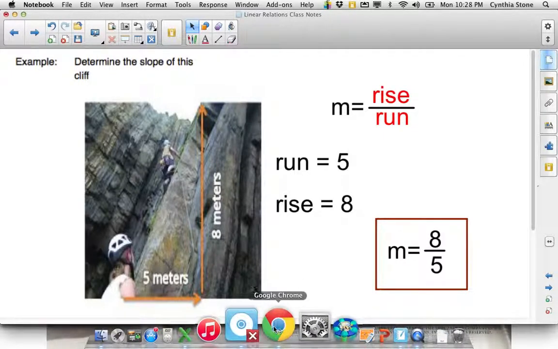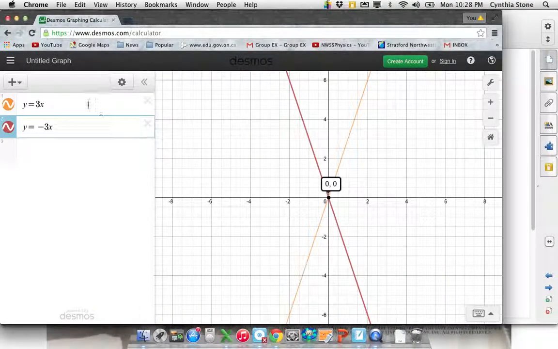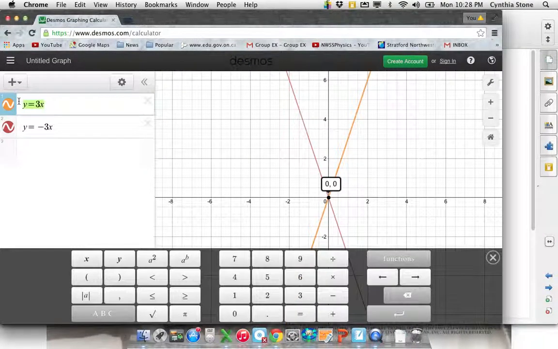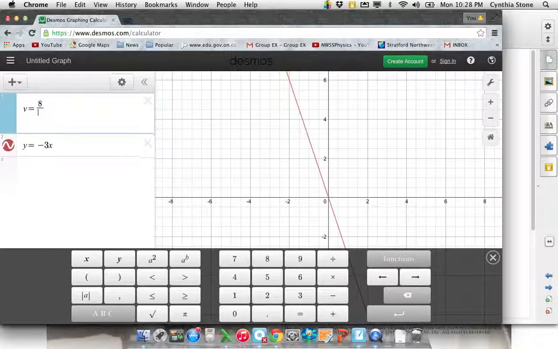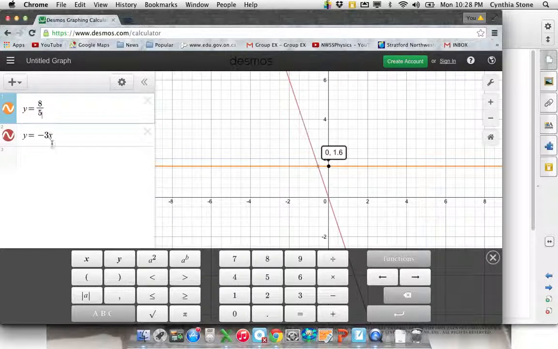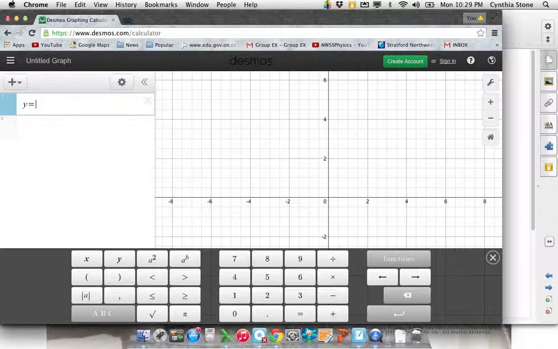Which leads me to another little interesting thought playing with the Desmos here. If you put fractions in for slopes, which you can, 8 over 5, right? And it doesn't make sense. It looks like 0. Let's delete it. Y equals 8.